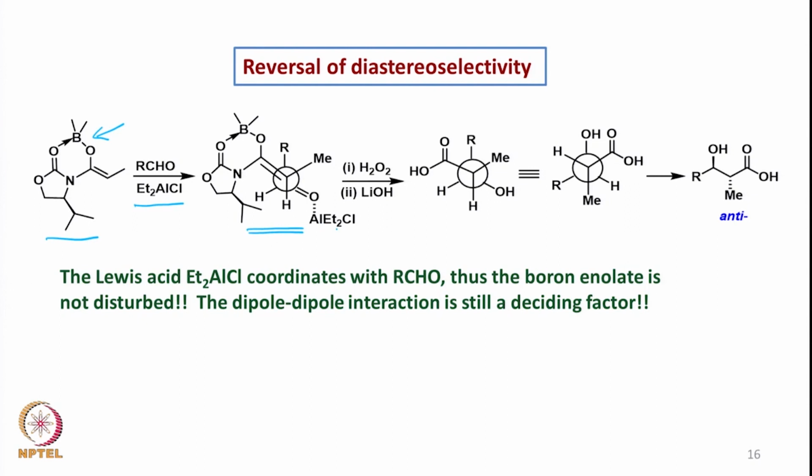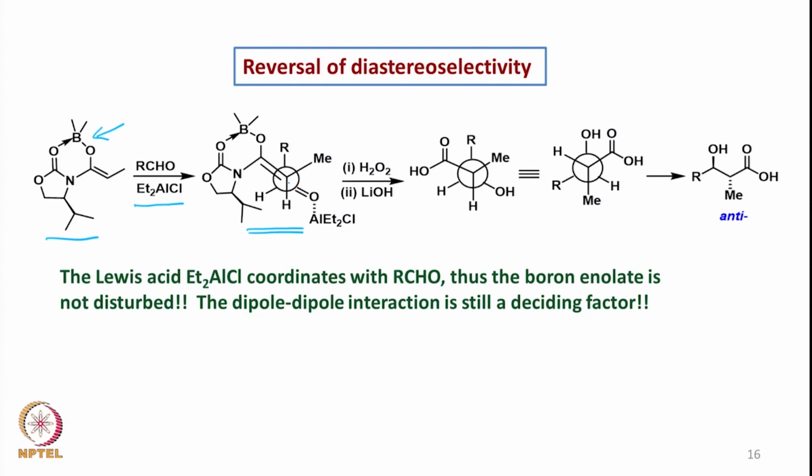That means the aldehyde oxygen interacts with this, so it does not have any need to go and break the boron enolate and then interact with the boron. If that happens, then of course we have such a situation, and as we can anticipate, the carbonyl group would be away from this particular enolate, or this particular double bond, to allow the dipole-dipole repulsion to be less.